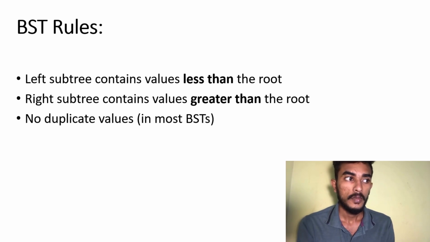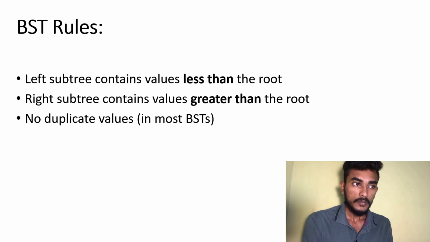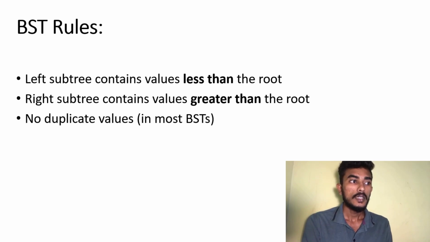BST rules. First one is the left subtree contains values less than the root. The second one is the right subtree contains values greater than the root, and no duplicate values. Most BSTs don't have duplicate values.